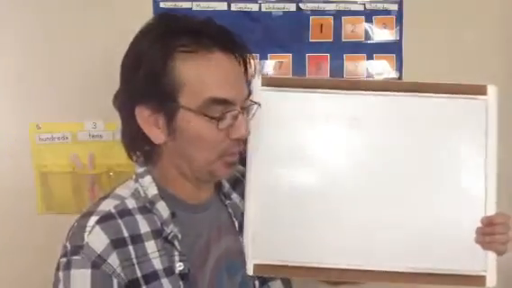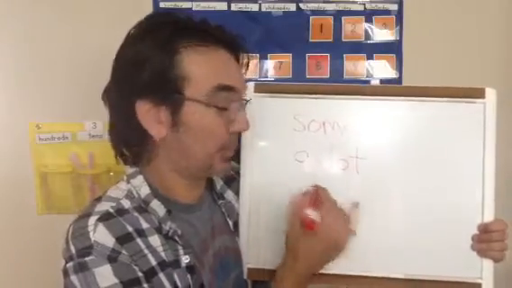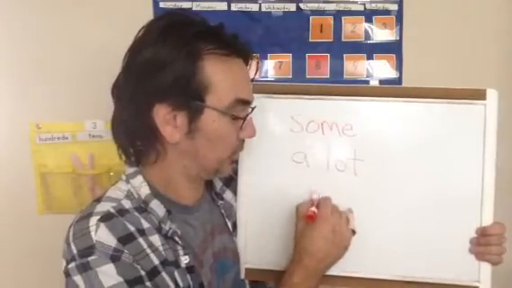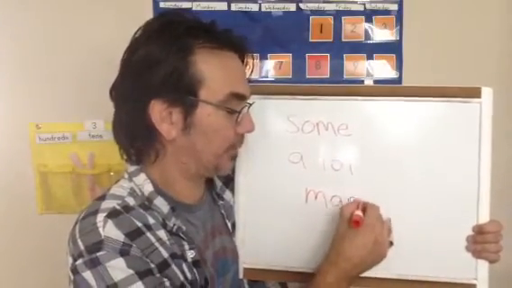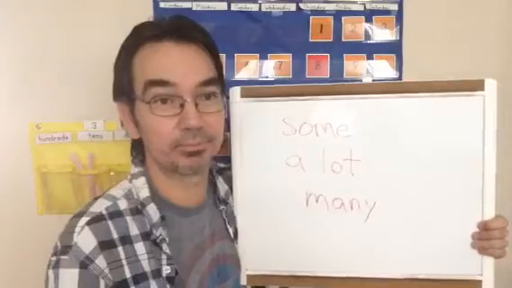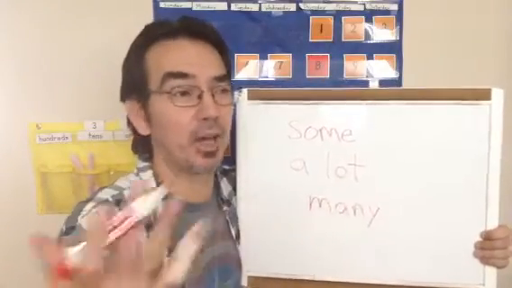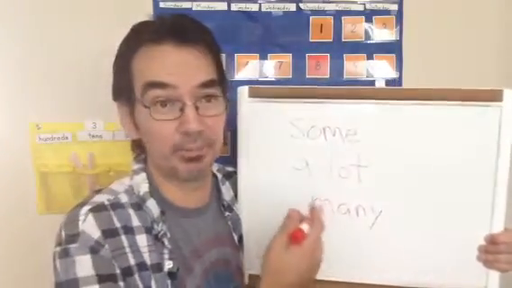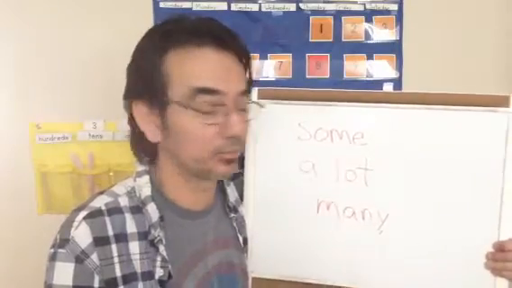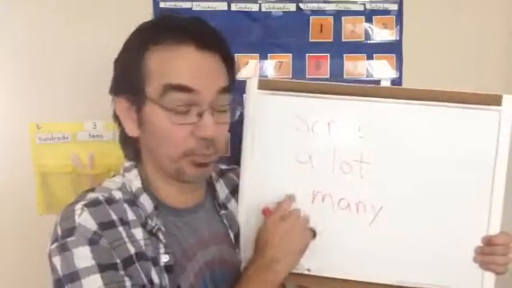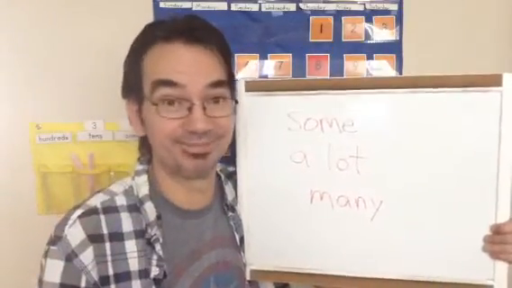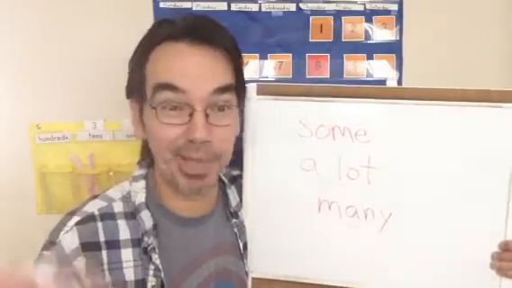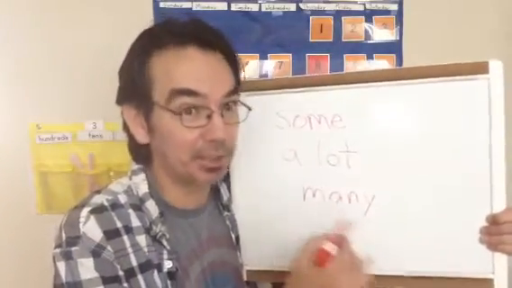Another one we can use that means close to the same thing is many. Many and a lot, right? It's much more than one if you had many or a lot. So if you got really hungry and you ate a bag of chips, you had many chips.